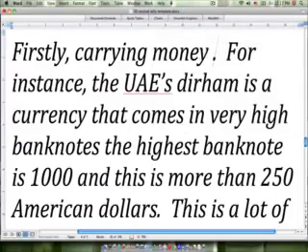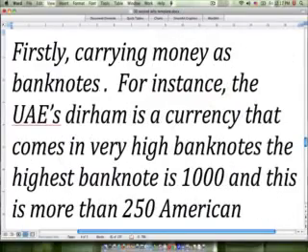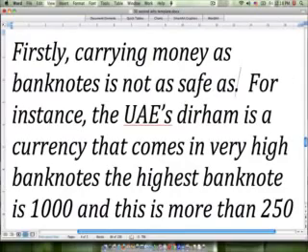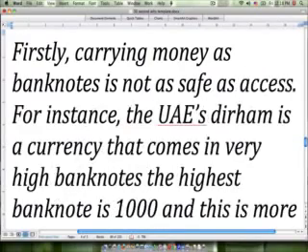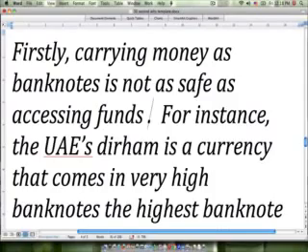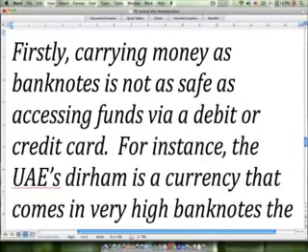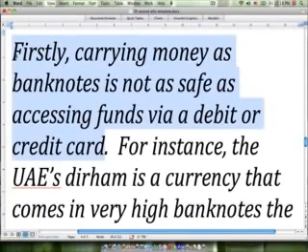Carrying money as banknotes is not as safe as accessing funds via a debit or credit card. Okay? Very simple. So now anybody that reads this topic sentence will understand our point. There will be no area where they feel unclear.